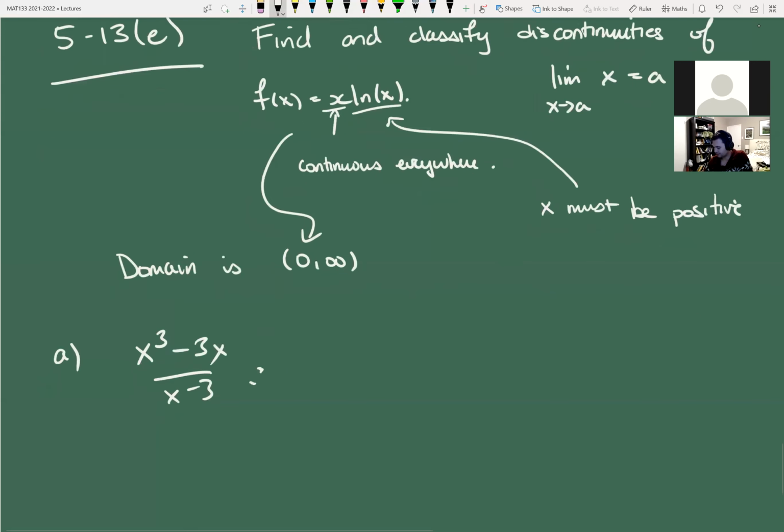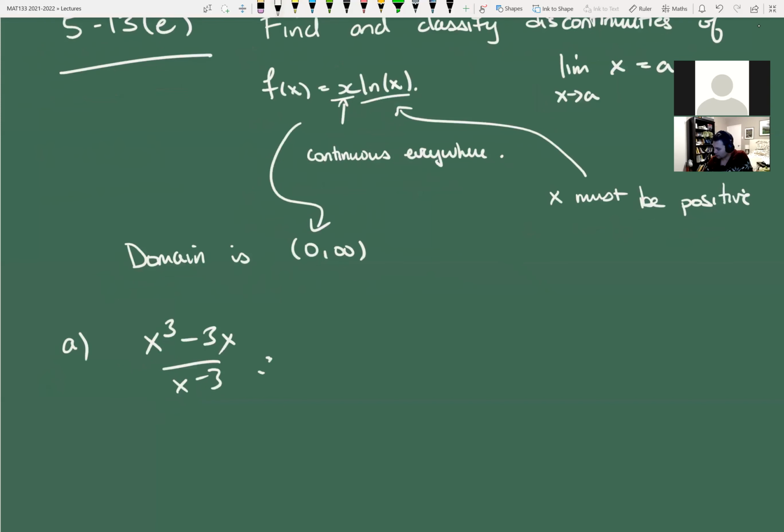The only potential place of issue is that the numerator is everywhere continuous. The only possible issue is where the denominator is 0, right? Because you're not allowed to divide by 0. And so your only possible point of discontinuity here is x equals 3. Does that make sense, Ahmed? Is that what you did?